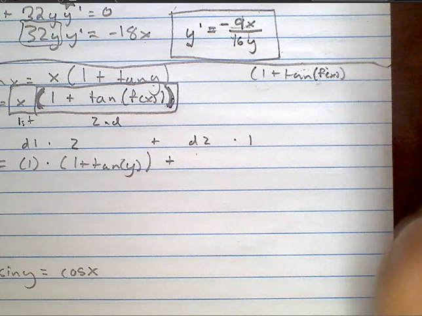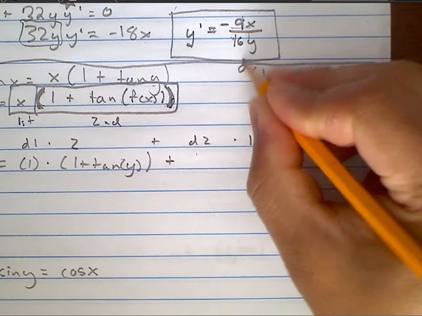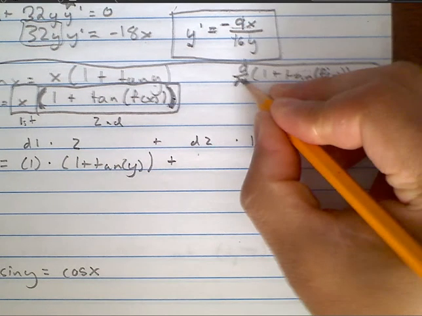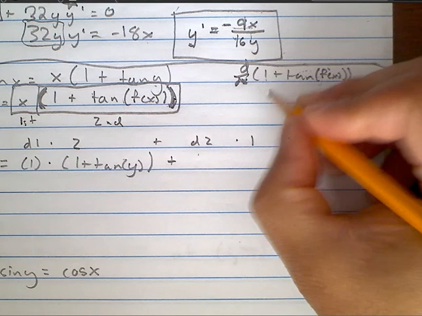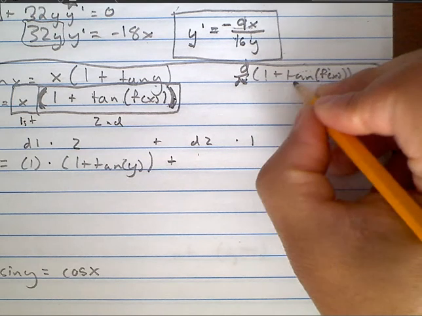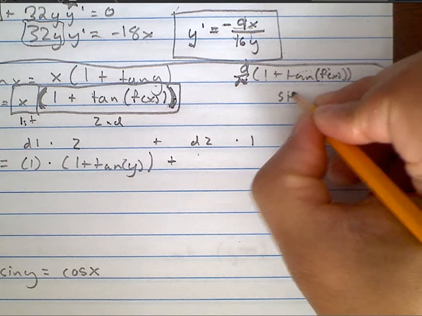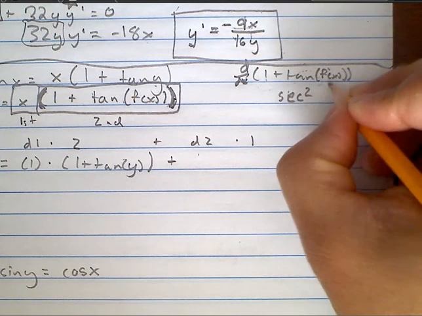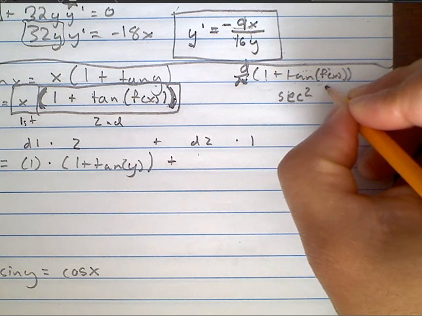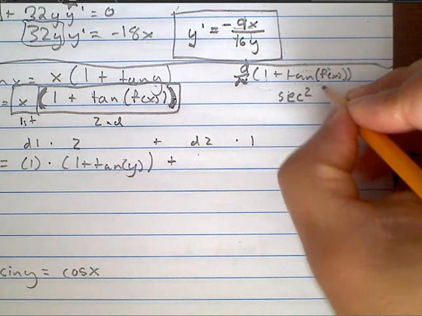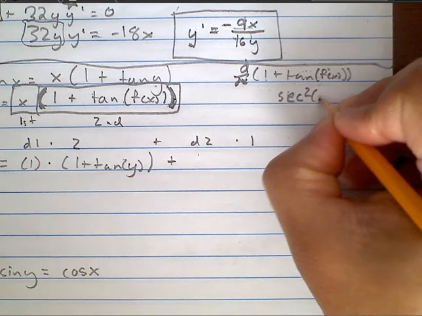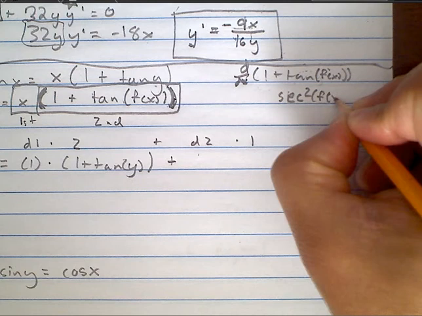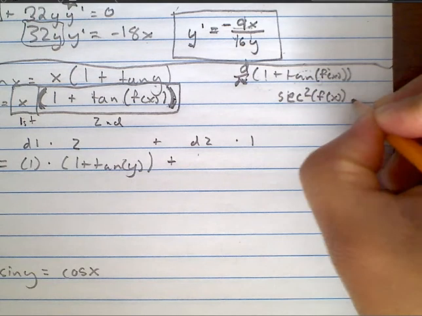Okay, I'm just taking the derivative of that whole thing, which is the derivative of 1, which is 0, and the derivative of tangent, which is secant squared. But hold the phone, that's an inside more than x. So I keep the inside, and then I do the derivative of the inside, which is f prime of x.